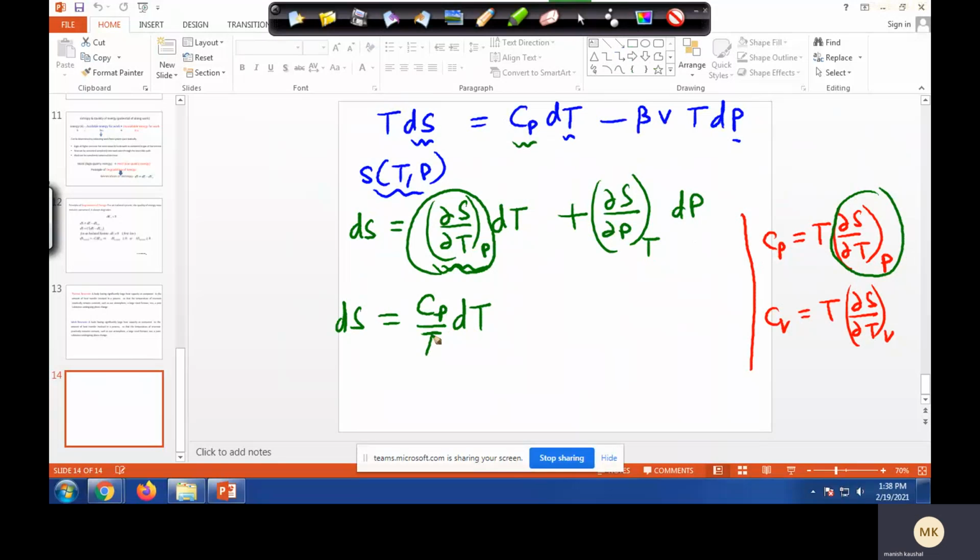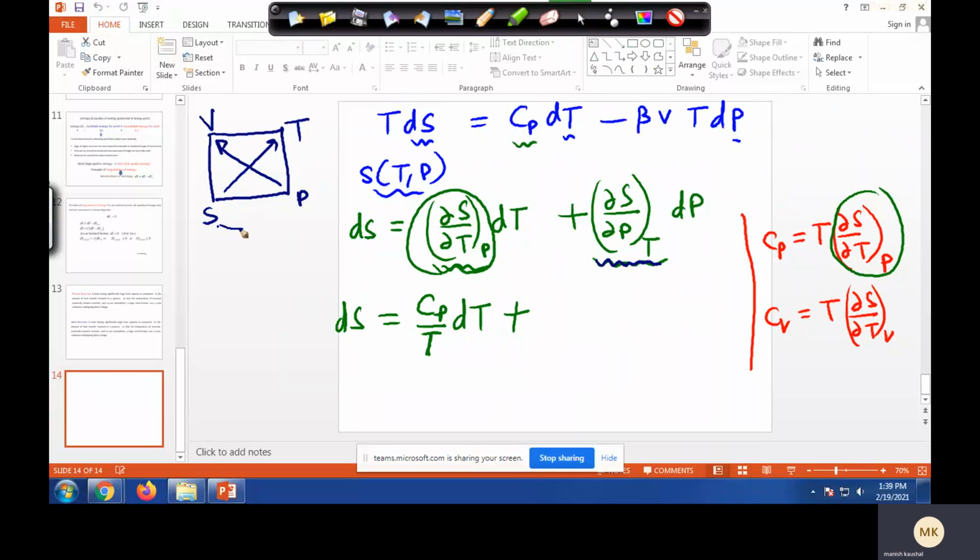Plus, what about this term, dou S by dou P at constant T? Now probably the Maxwell relation will help us. You can remember this diagram: S, T, P, V, and let's see whether the Maxwell relation helps us or not. You want something for this, so write down from here.